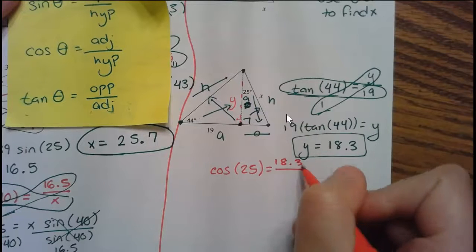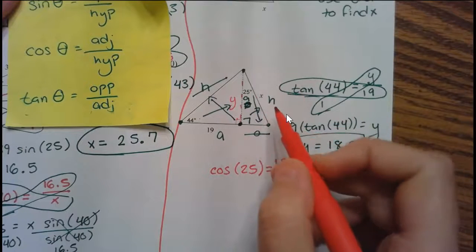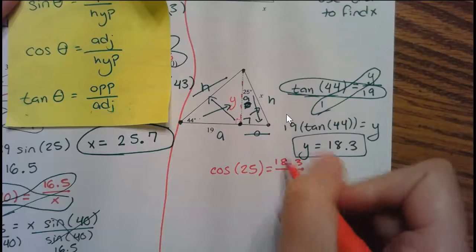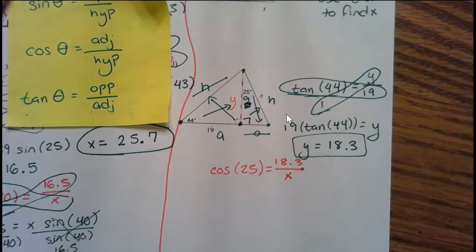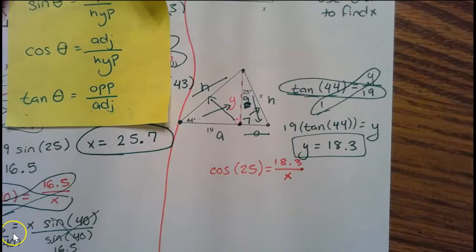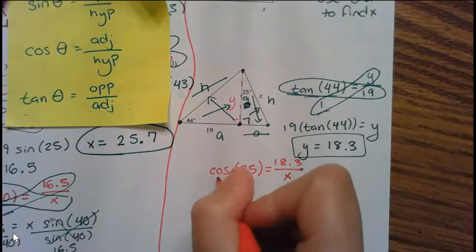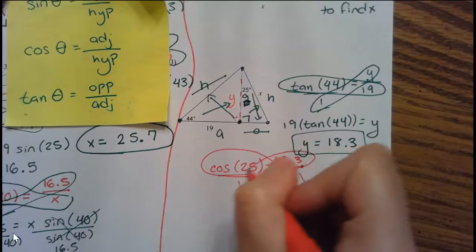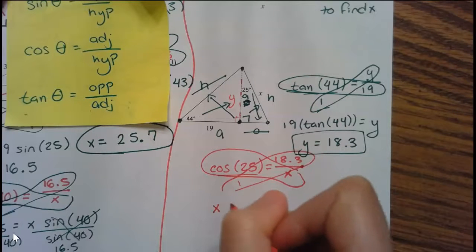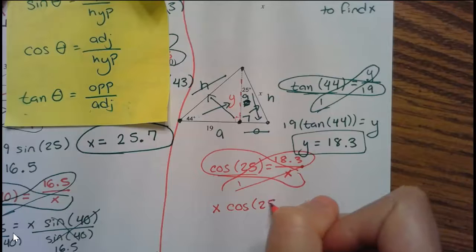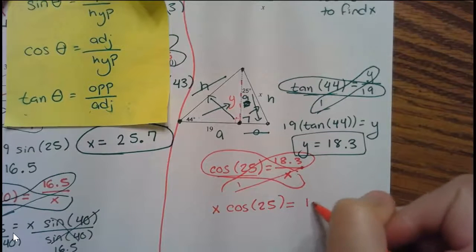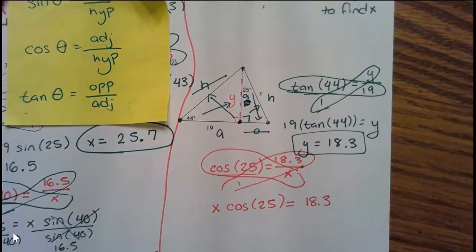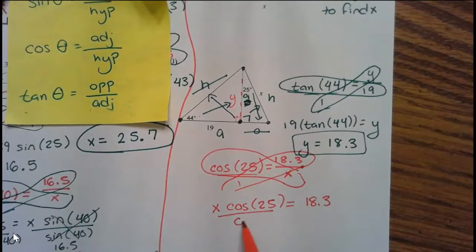18.3 over x, because that's the hypotenuse. So we are going to cross multiply. Divide by cosine on both sides.